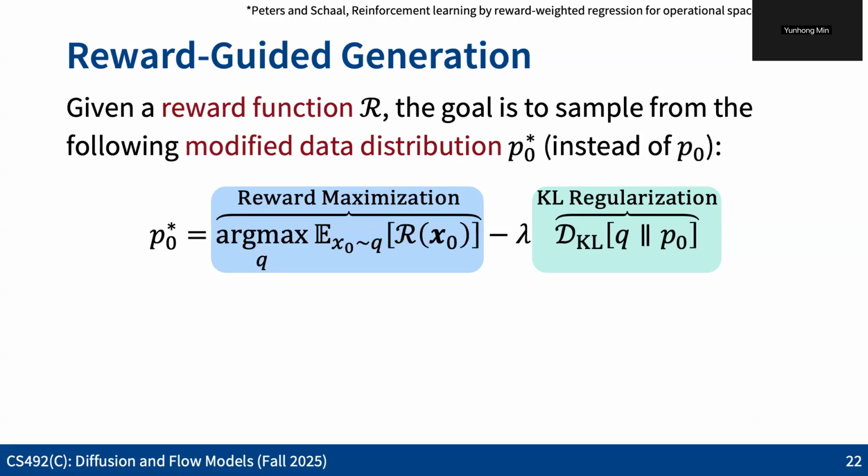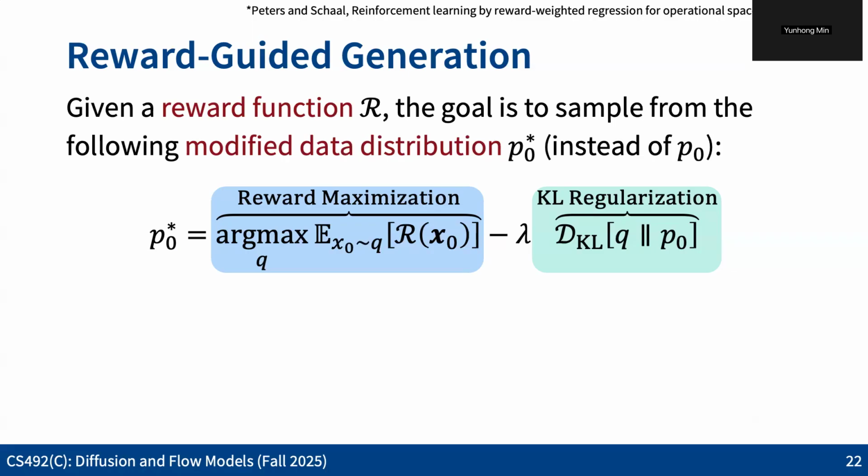And how we define this is as the solution of this maximization problem. We want to define a new distribution, P0 star here, in a way that it stays close to the original distribution while also maximizing the expected value of the reward.